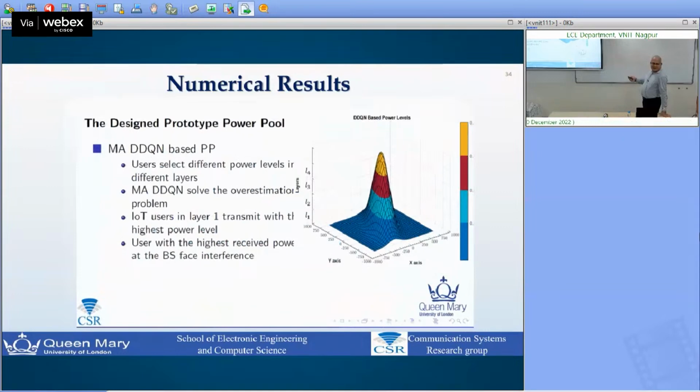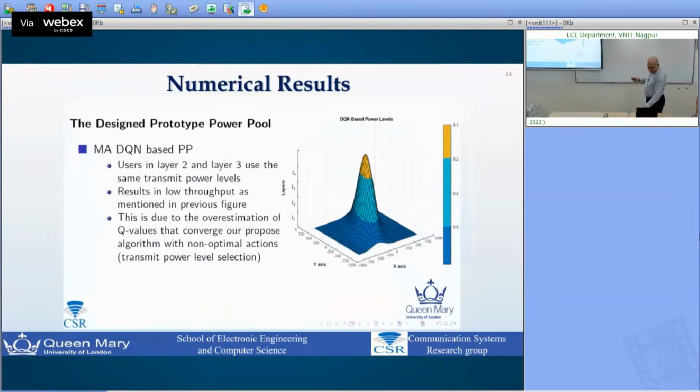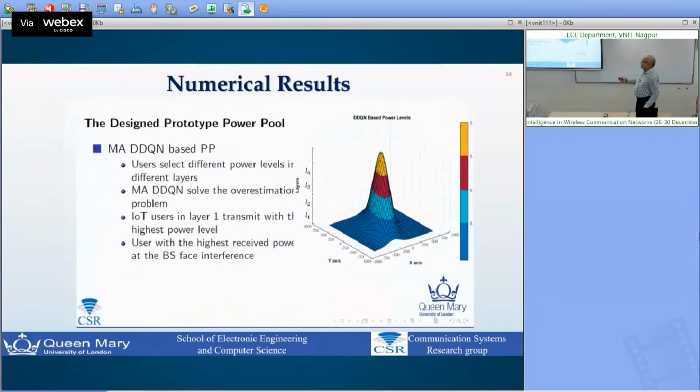But earlier with DQN, layer 2 and layer 3 use the same power level because they selected the suboptimal overestimation. That is why we use the double Q learning network.